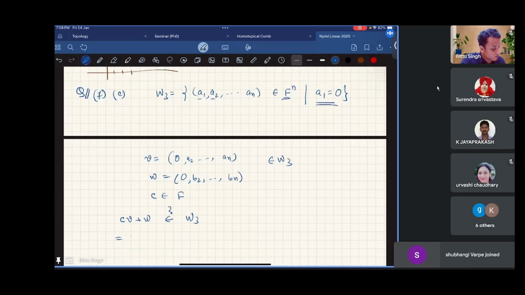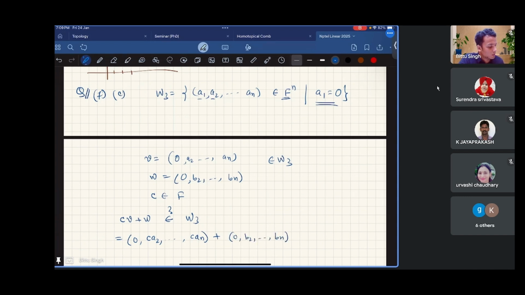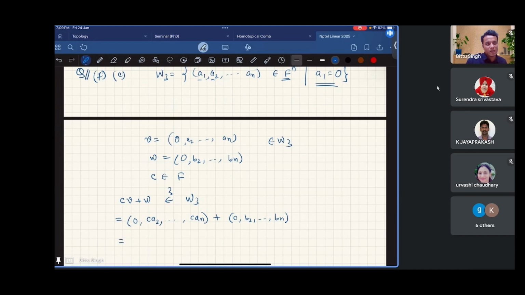You can see that cv means 0, ca2, and so on, multiply each entry by c, and the last element becomes can. And w means 0, b2, up to bn, right? Then add those two things. Adding means add pointwise. So the first element is 0 plus 0, which is 0. The second element will be ca2 plus b2, dot dot.